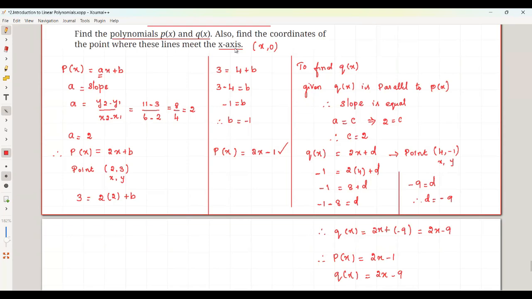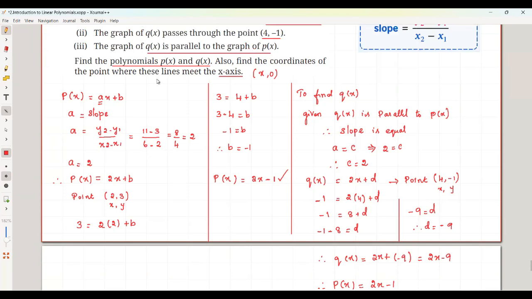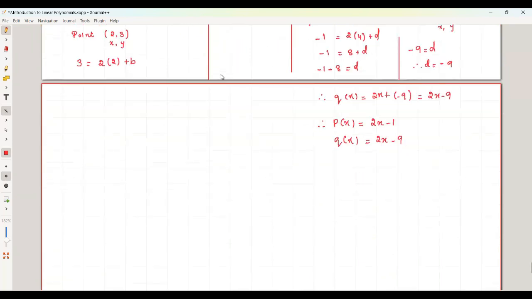For p of x separately and q of x separately, we have to find the coordinate of the point where the line meets the x-axis.